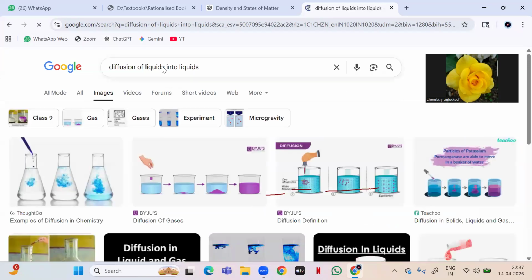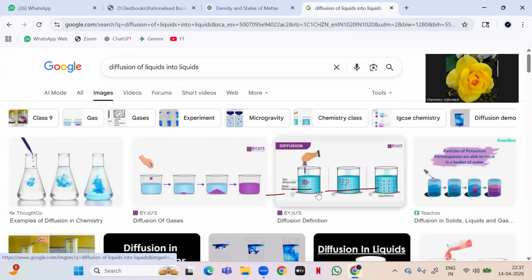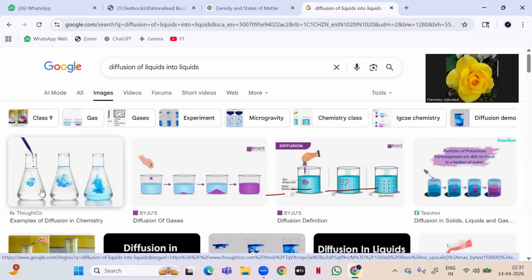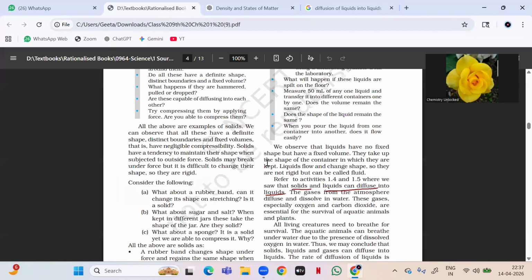Let's see what it shows. Here you can see this is ink plus water, so liquid into liquid, and this one is solid into liquid, that is some particles of KMnO4. If you put them in water, again it will diffuse. So the diffusion of liquid in liquid and solid in liquid is very easily done.